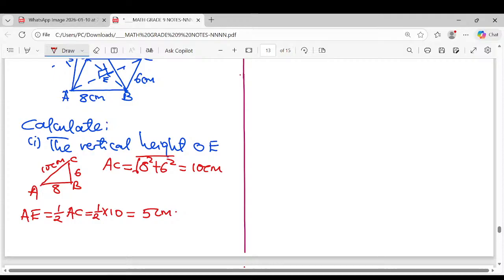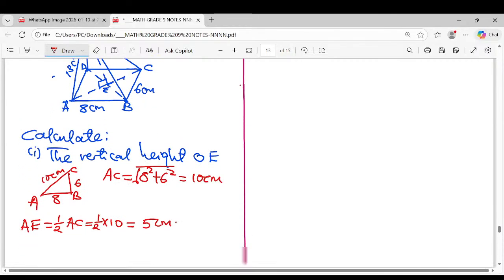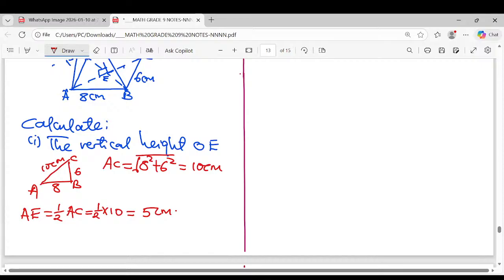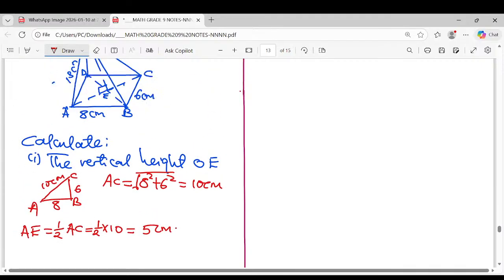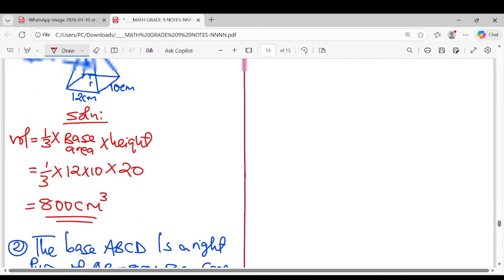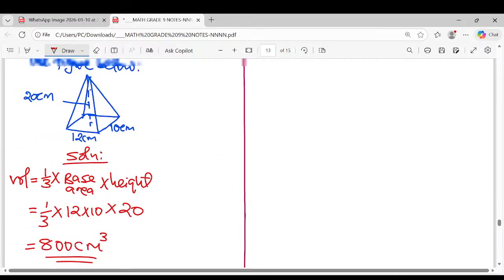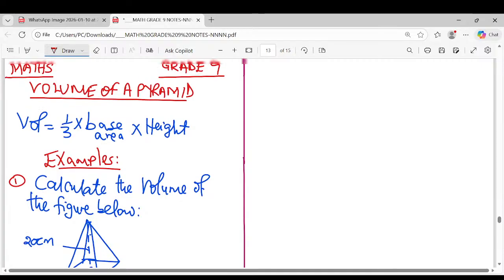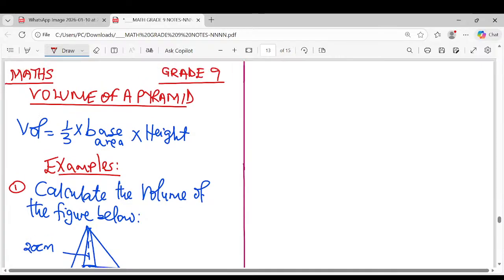Now that AE is 5 centimeters, we can have this drawn this way.